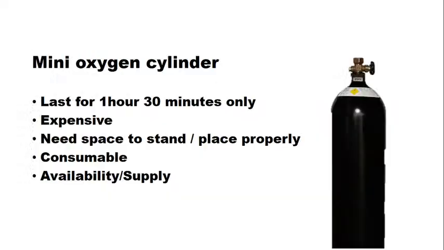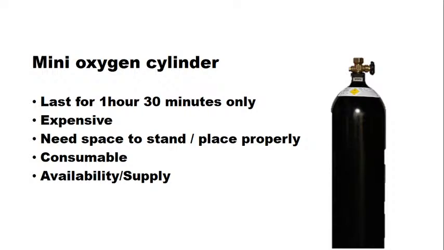But why we changed to the DC aerator is we realized if we are using this mini oxygen for a 2 hour travel, it can only last for about 1 hour and 30 minutes. I also consider it expensive as it is a consumable material. Besides, it would need a space or area to stand the cylinder properly so that it would not damage the pressure gauge.